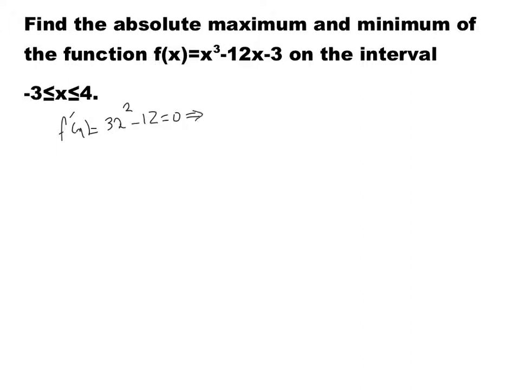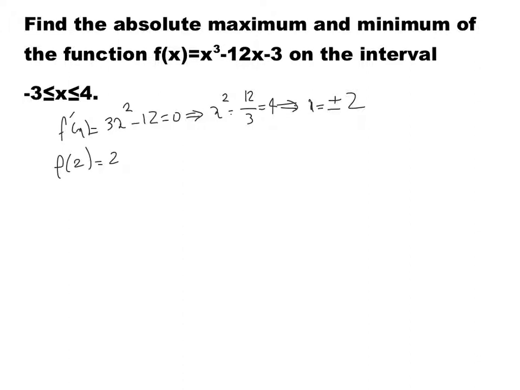So from here, I get x squared is 12 divided by 3, which is 4. So x is going to be plus or minus 2. So these are the two roots of the first derivative. Now I have to find f of 2.